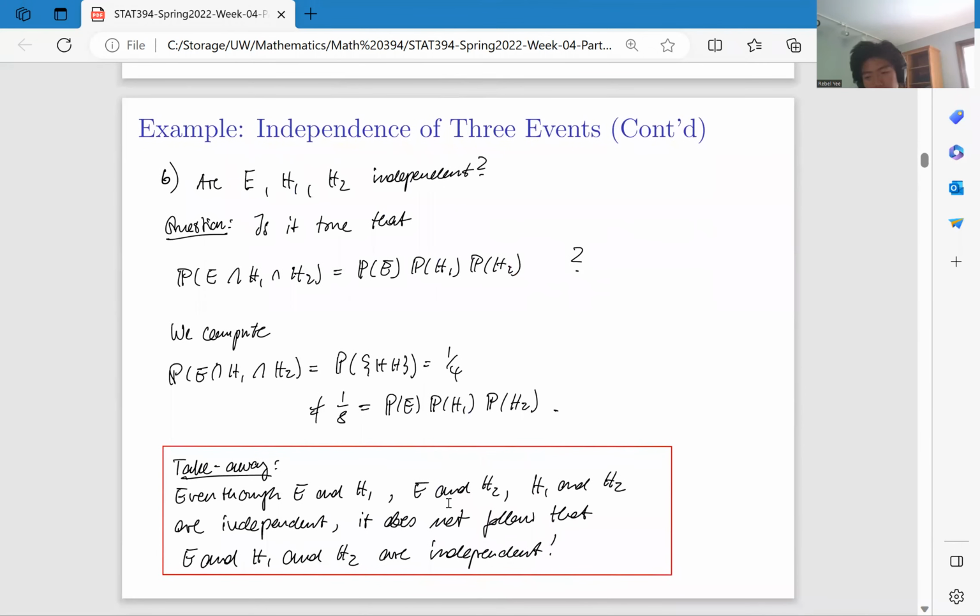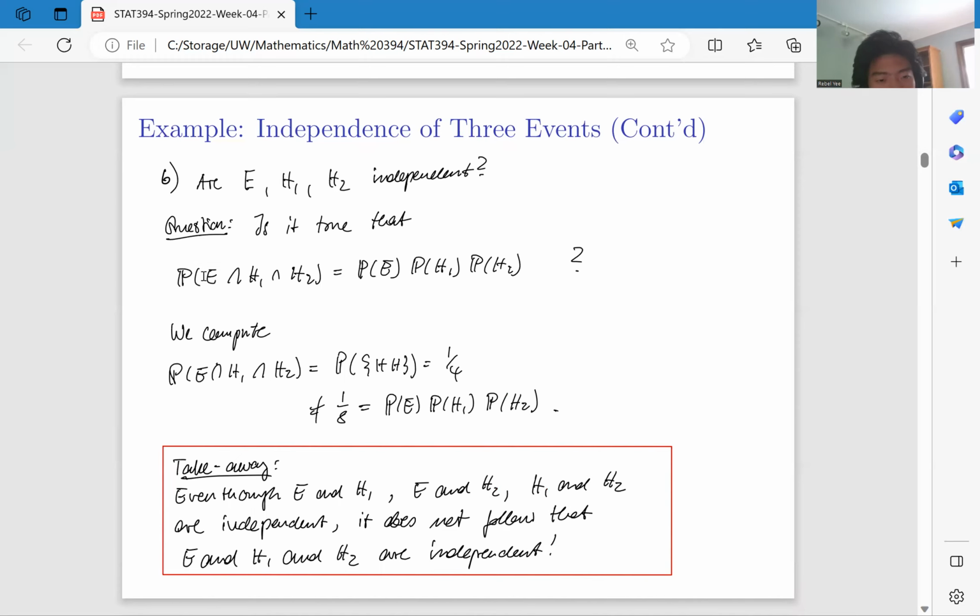And there are more cases we should consider, like are E, H1, H2 independent. This is not an example of two events examining their independence. There are three events, and how can we prove this? We have different formulas for proving.